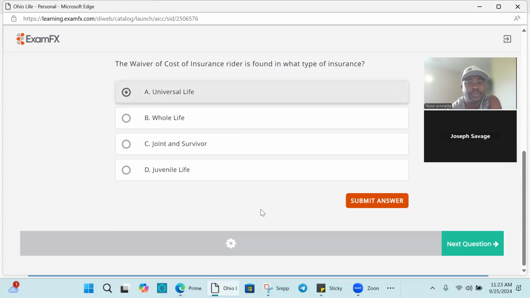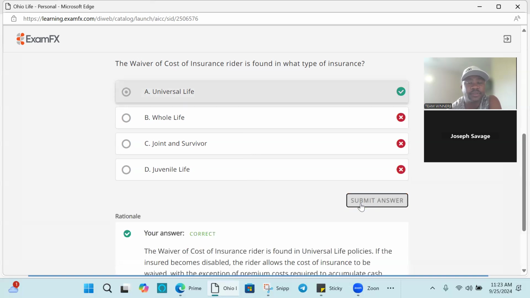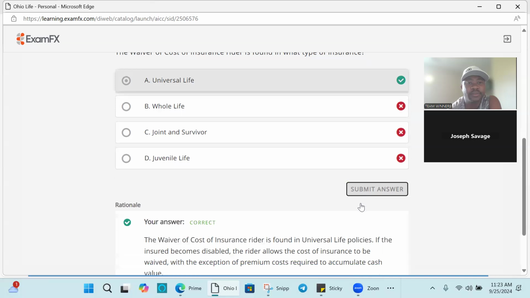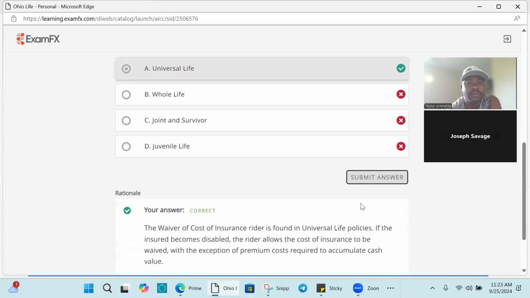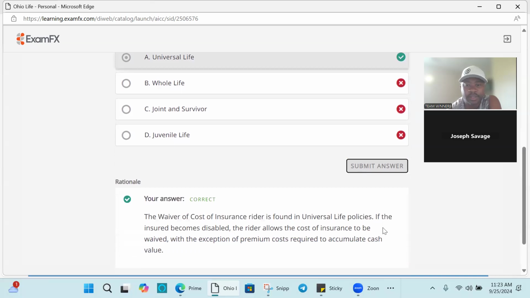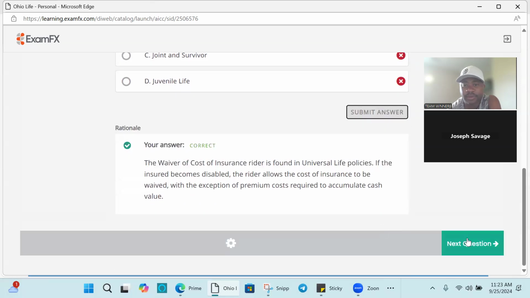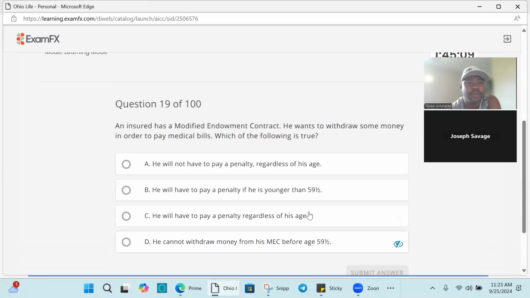What I say to people is if the question is about waiver of cost of insurance, the answer is going to be universal life, partial withdrawal, or annual renewable term. If the question is about one of those things, the answer is usually going to involve one of the other things. Okay.